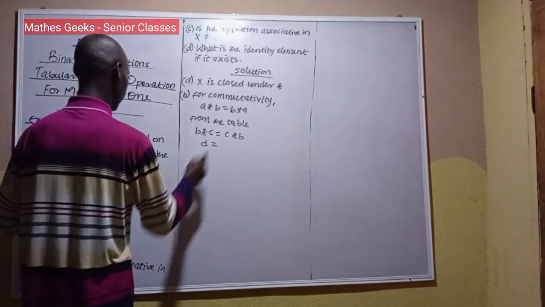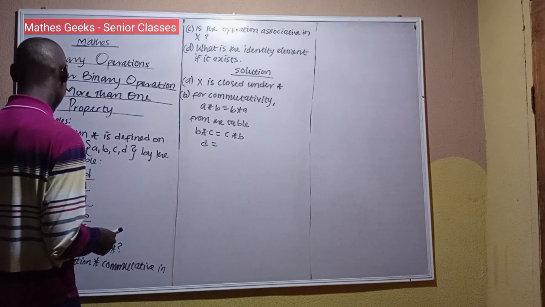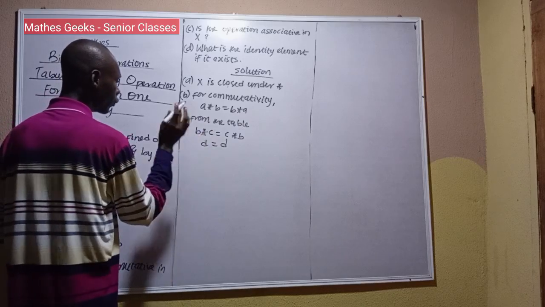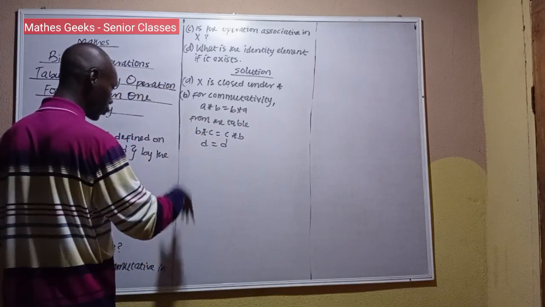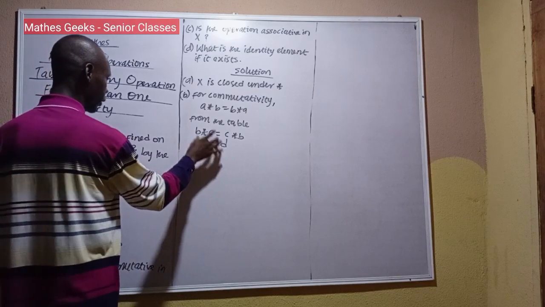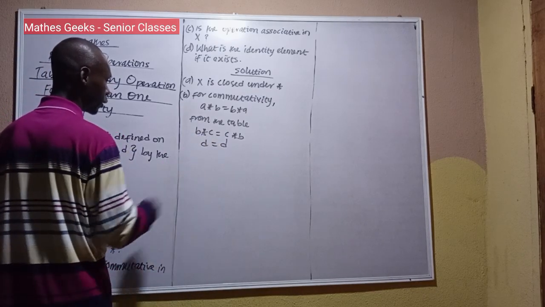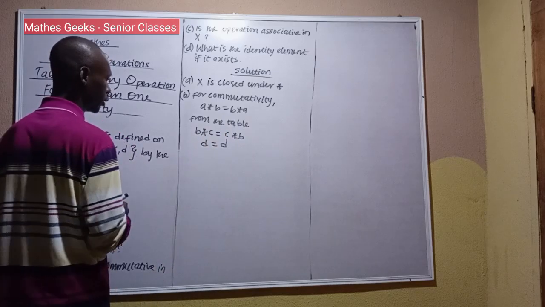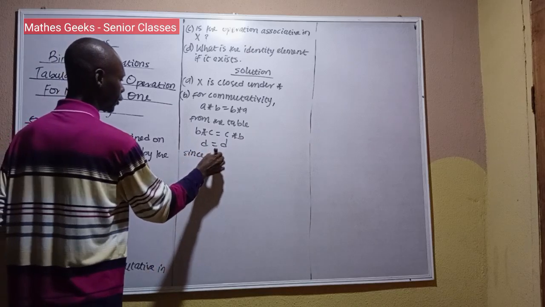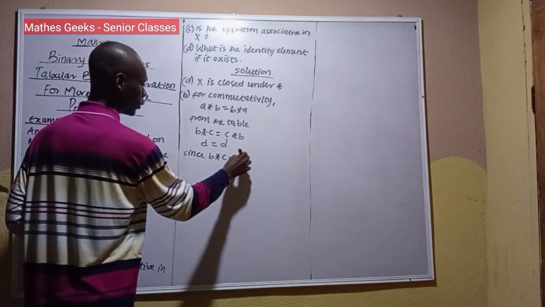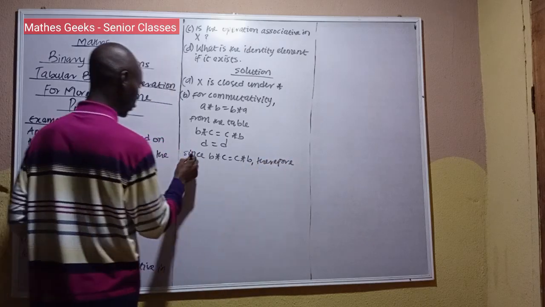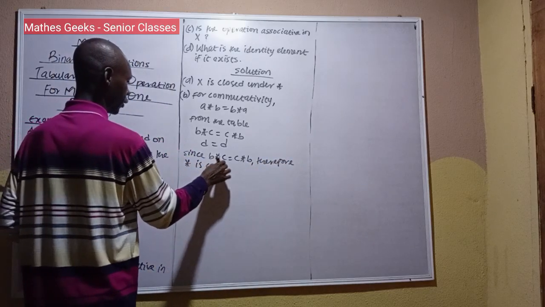D. And C star B, what is it? D. So this implies that, like I said, only one proof is enough, but if you want to confirm, you can go down, you can pick any other elements, combine them, and see if the commutative property that holds here is consistent. But now this one is enough, so we say since B star C is equal to C star B, therefore star is commutative.